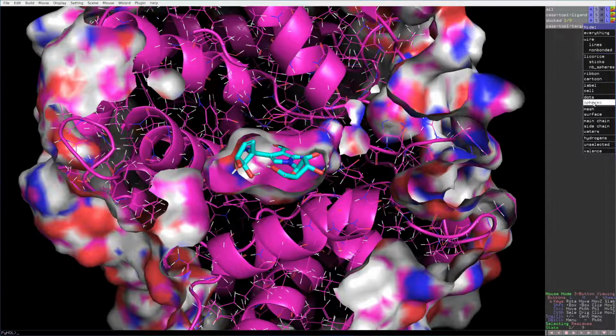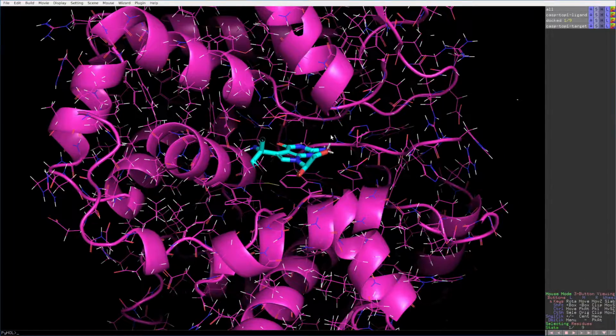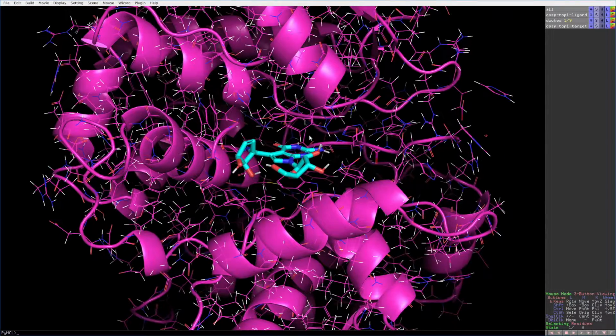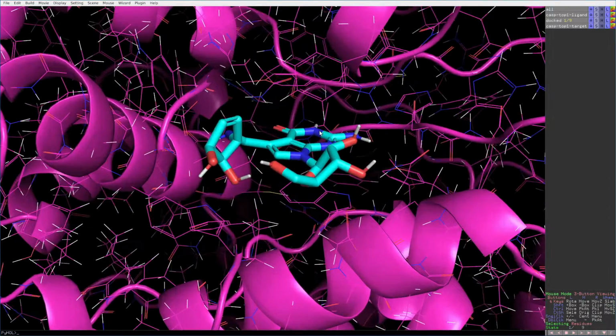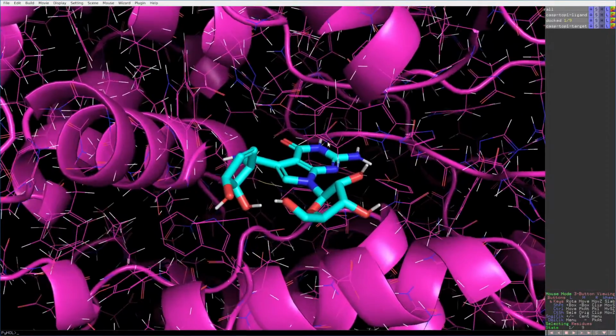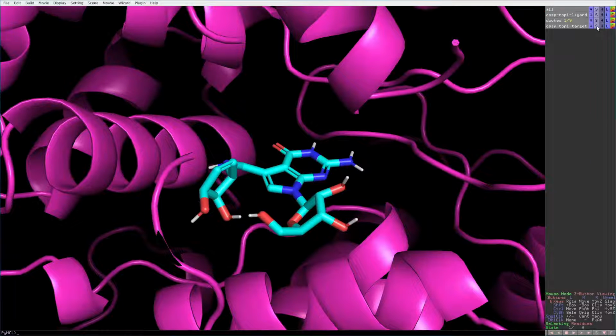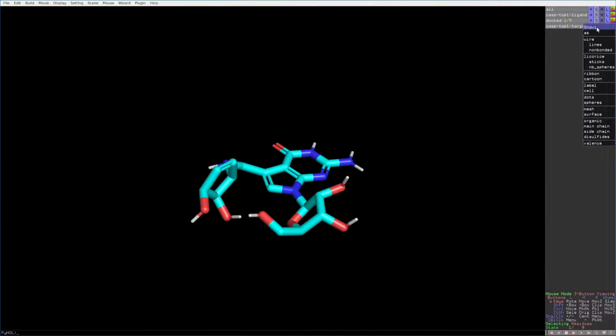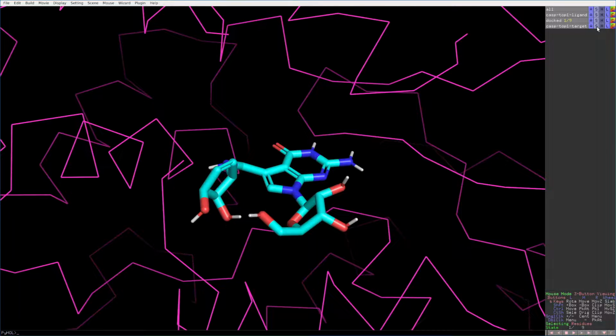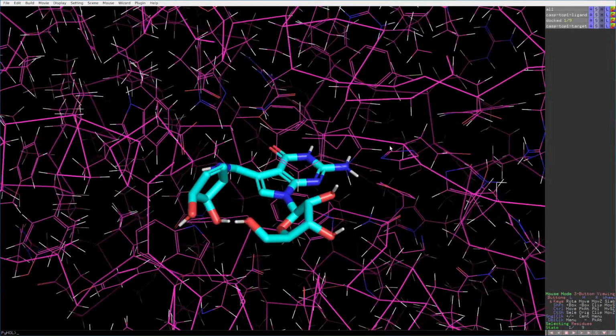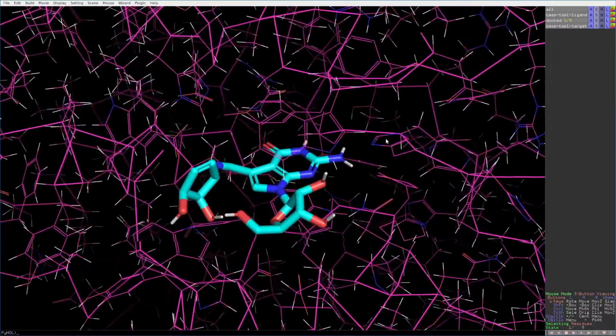And we'll just hide the surface. I'll just show the side chains to make it simpler.